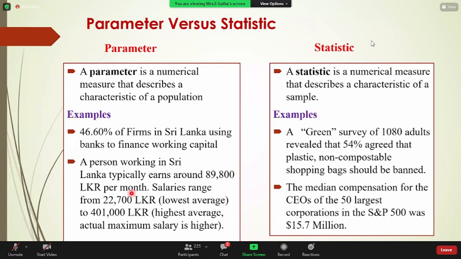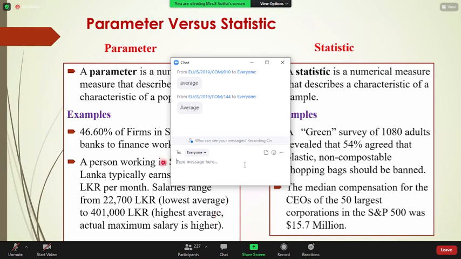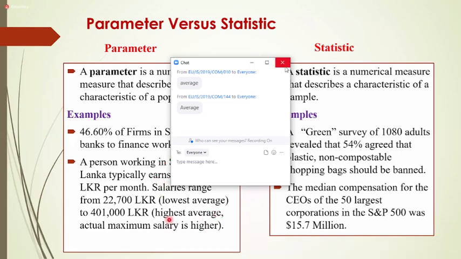So the statistical measure we used is an average. So the parameter in this context is a population mean, right? In addition to that, we use the lowest average, the minimum average, and the maximum average to describe the Sri Lankan salary.